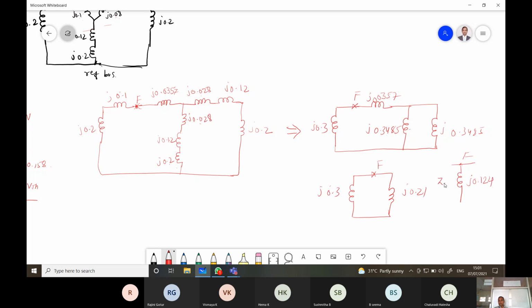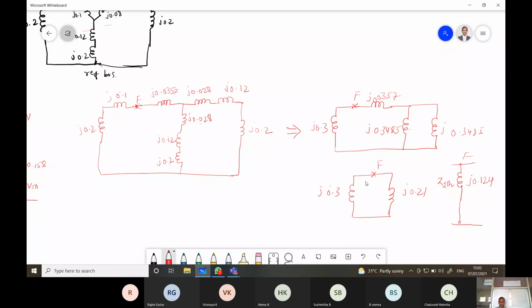This is called Z2TH, and the voltage VTH is common, 1 at an angle 0 per unit. But in the negative sequence network, VTH does not come into the picture, so therefore only ZTH is present. So in the positive sequence network we got Z1TH and VTH.